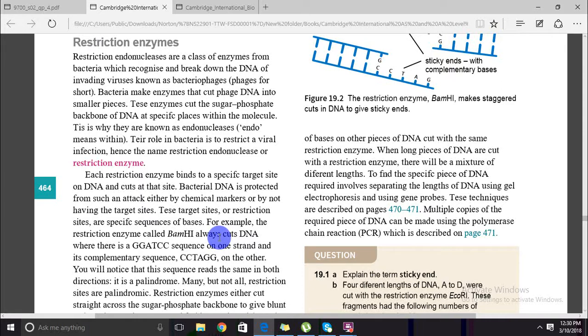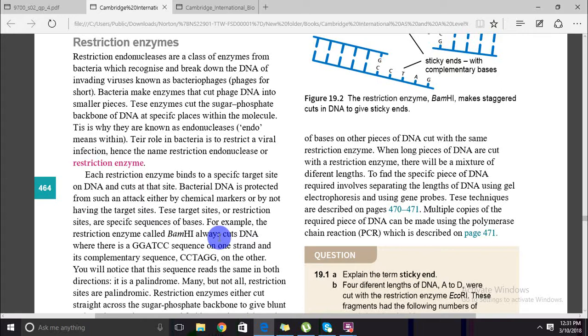Right? And when do we need to use restriction enzymes? Previously we studied that we need these to isolate a particular fragment of DNA, and for the purpose of inserting that gene, inserting that length of DNA into the genome of some other organism.